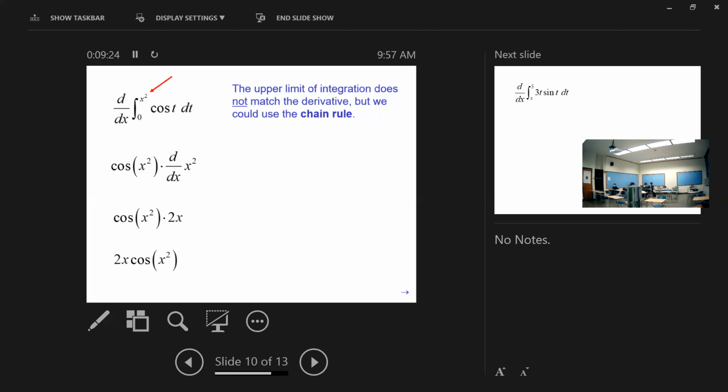Because the derivative of the upper limit is 2x, so I have to multiply my answer, after you substitute, you plug it in, by 2x, the derivative of the upper limit. Make sense? I'm not changing the rules in the middle of the game. You did multiply by the derivative of the limit. The first 2 examples, it just had to be a 1.